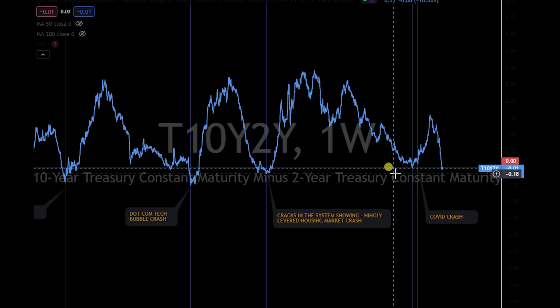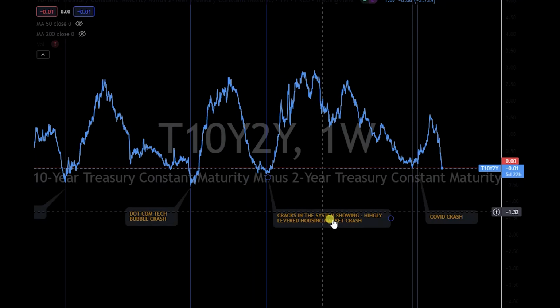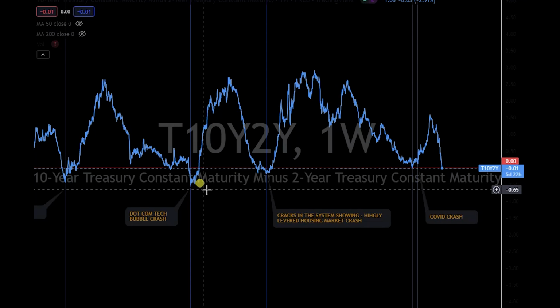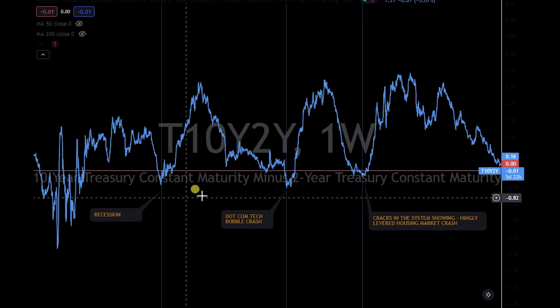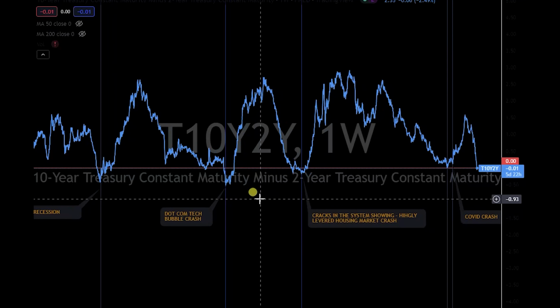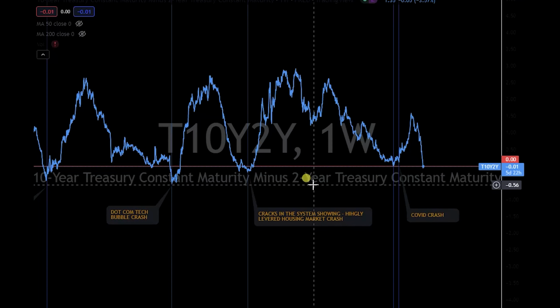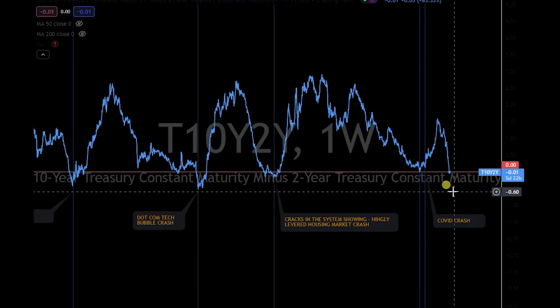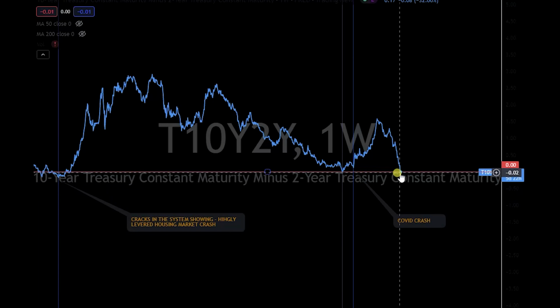You can see that when you've had these major inversions, and also here you just briefly touched the inversion point but didn't invert, and then not too distant later you had the COVID crash. So you can see the last 1, 2, 3, 4 clear inversions, and even if we had to go back and analyze the fifth, it would tell you the same scenario, that when this inverts, something down the road is going to be a catalyst for the economy, a market, an asset class, and it's never a good sign.